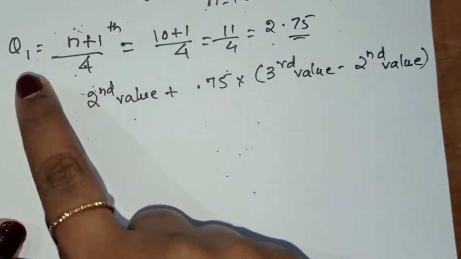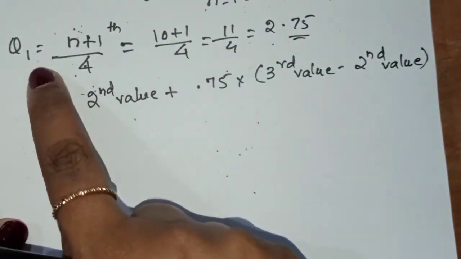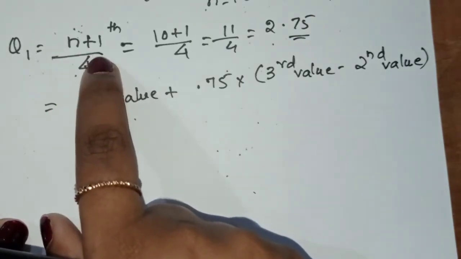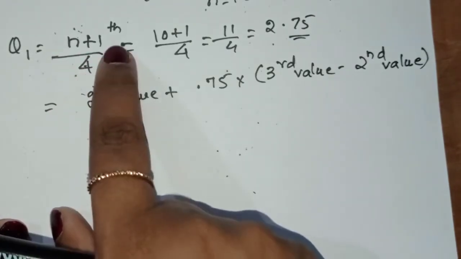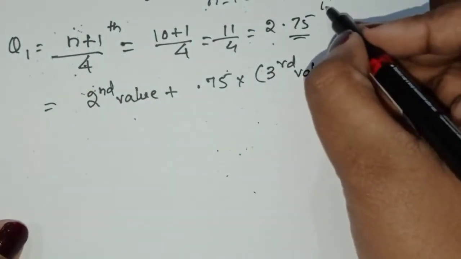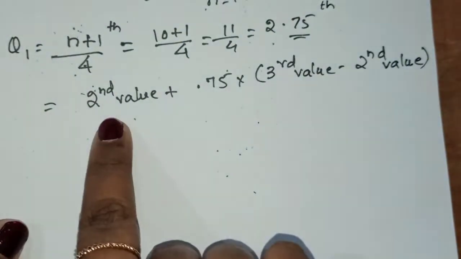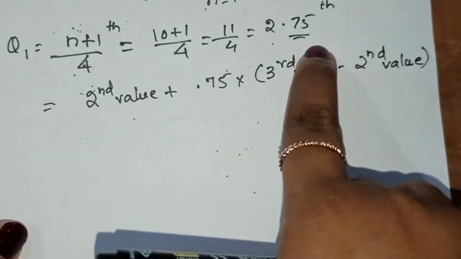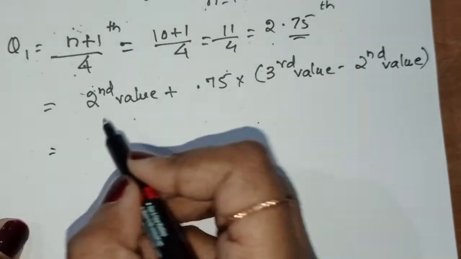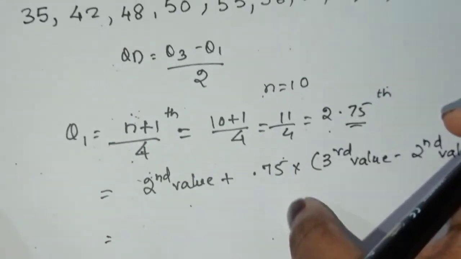Because first we found Q1, the (n plus 1) by 4th value, that is the 2.75 value. Now how to find it: the second value plus 0.75, that we got from here, into the third value minus the second value. Now from the question we can find the second value.